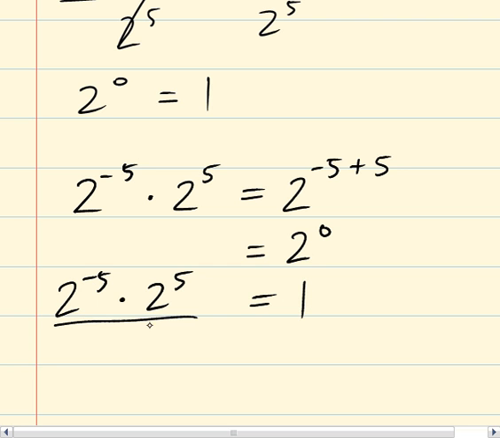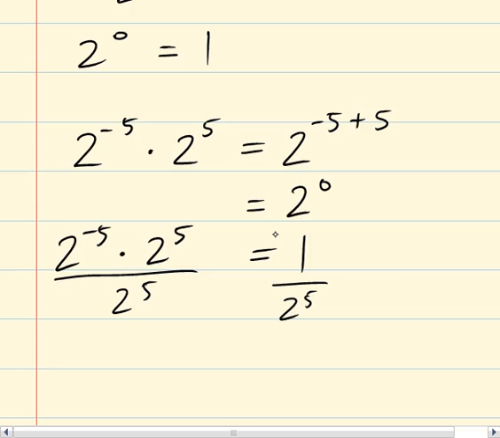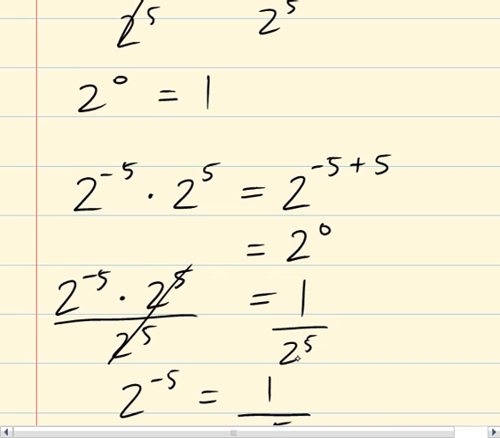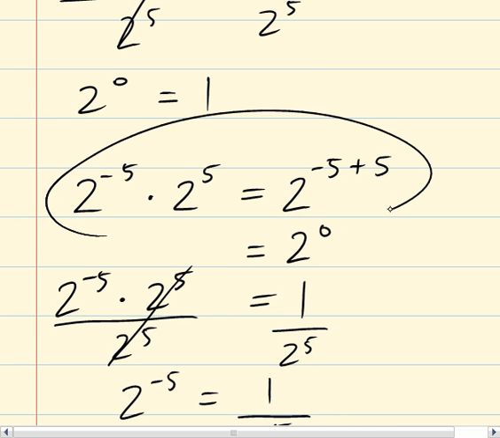If I divide both sides by 2 to the fifth, then what I get algebraically is 2 to the negative fifth must be 1 over 2 to the positive fifth. And there's nothing special about this 5. This works with any integer. You can replace 5 with 4 or 17 or whatever you want. So again, this rule about having this negative exponent is forced upon us if we want this rule to hold about adding the exponents.